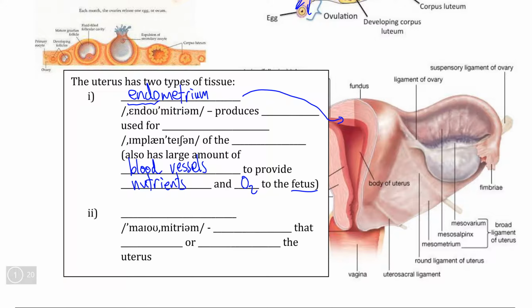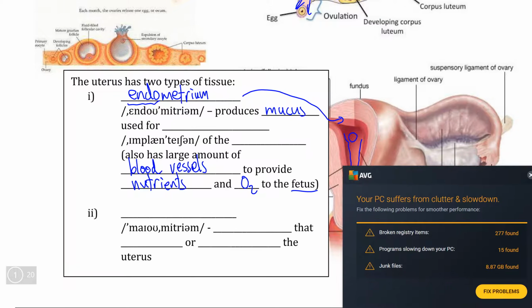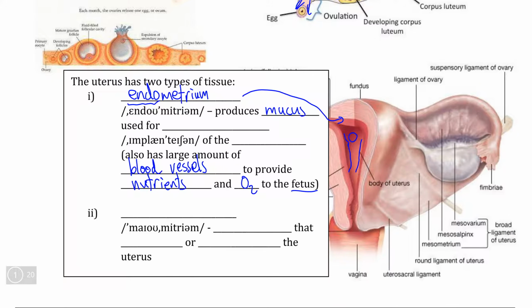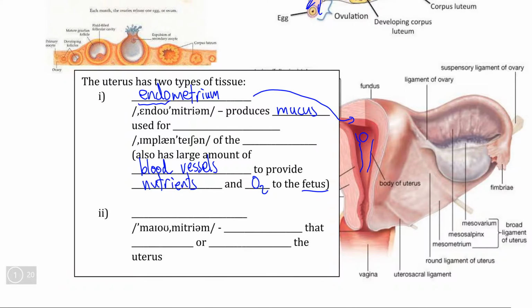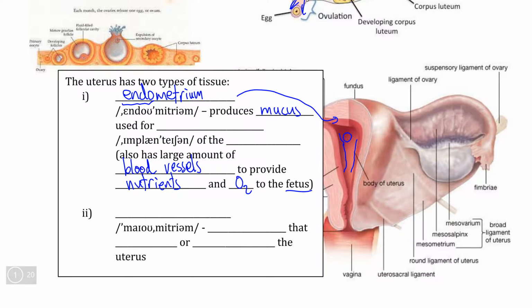But of course, if the fertilized ovum doesn't actually make it into the uterus, none of this function of feeding the fetus is going to be important. Therefore, the other thing that is produced by the endometrium is a sticky layer of mucus that forms on the walls of the endometrium like this. And this mucus is eventually going to be used for the process of implantation.